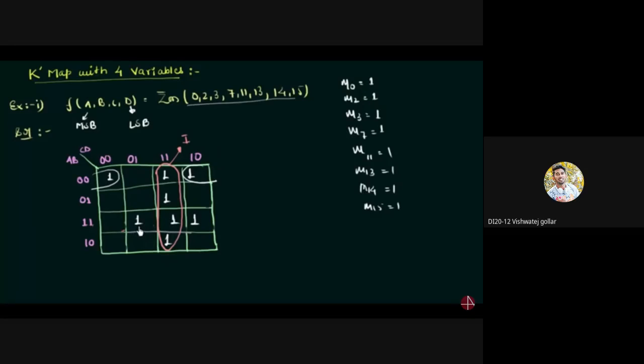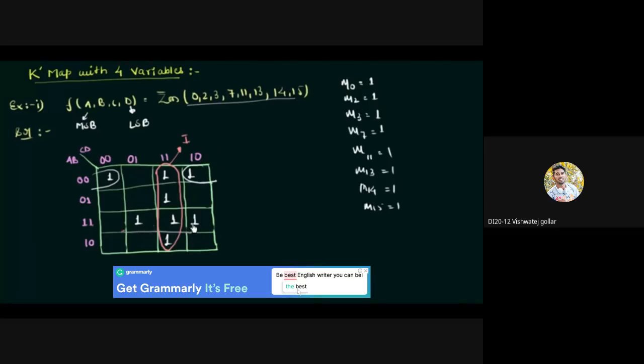This is your 1101 and this is your 1110. The only way to combine this one is by combining with this one, and this one can be combined like this. So we can find that all the ones in this K-map are now paired.